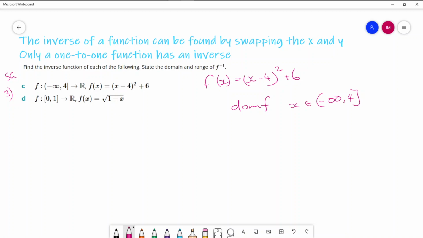So to find the inverse, imagine that f of x was a y, we'd swap it. So we'd have x equals y minus 4 squared plus 6, and then we rearrange. So swap x and y, and then make y the subject.